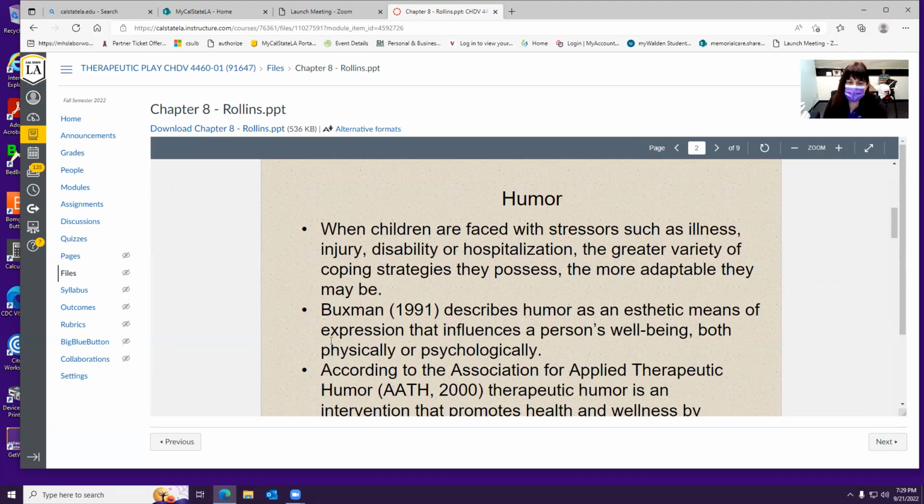So researcher Buxman described humor as an aesthetic means of expression that influences a person's well-being, both physically and psychologically. Aesthetic, what does that mean? It's humorous. You laugh, there's a reaction, it's an affect of something that's funny.